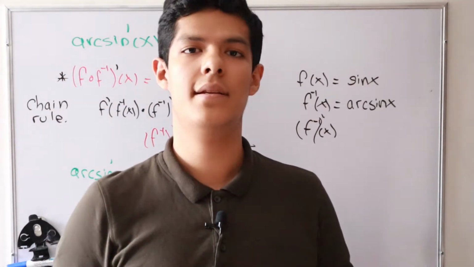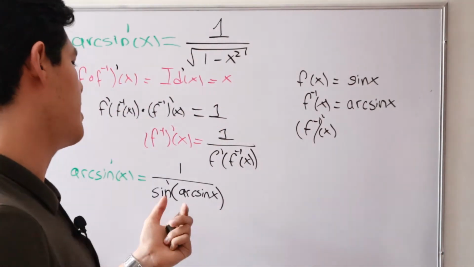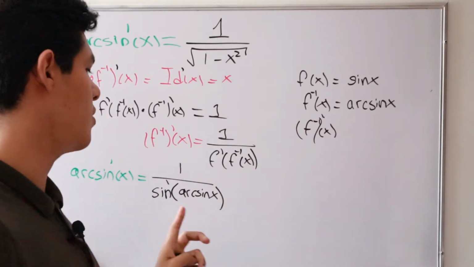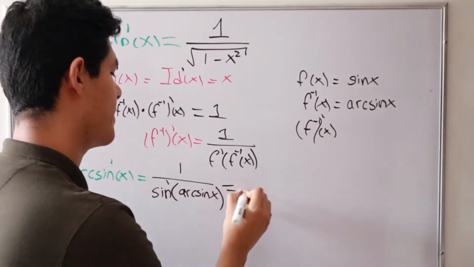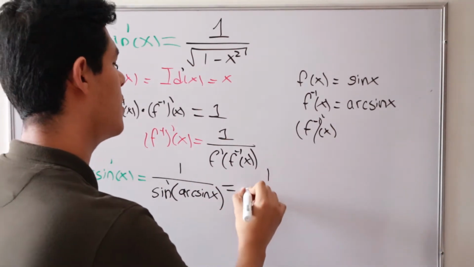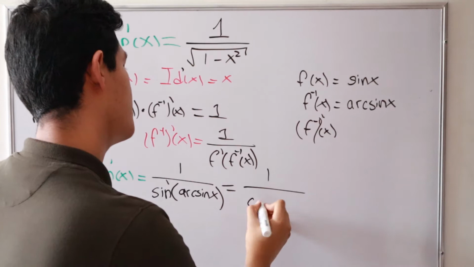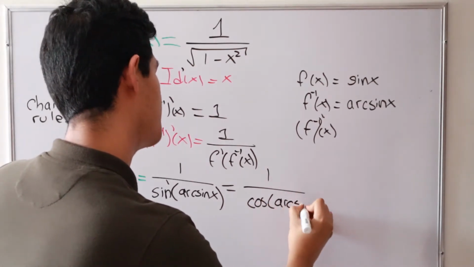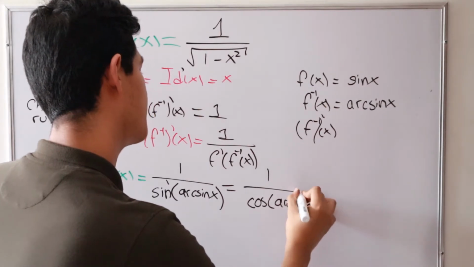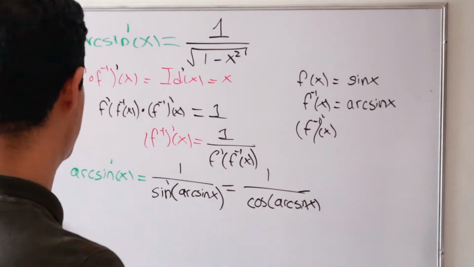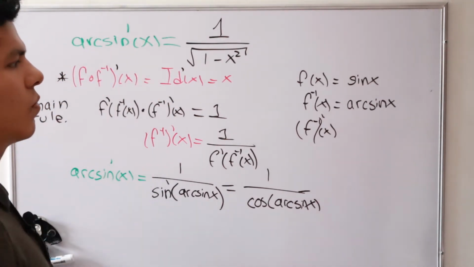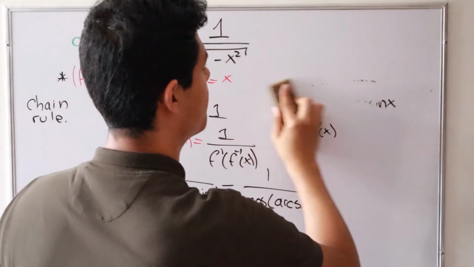So we need to find the derivative of sine, guys. We know that the derivative of sine equals cosine, so in this case it is cosine of arcsine of x. So we need to find this value, and for that we need to recall the following.